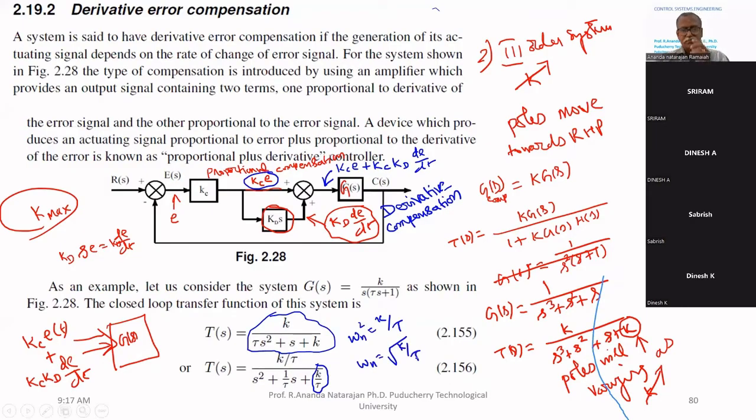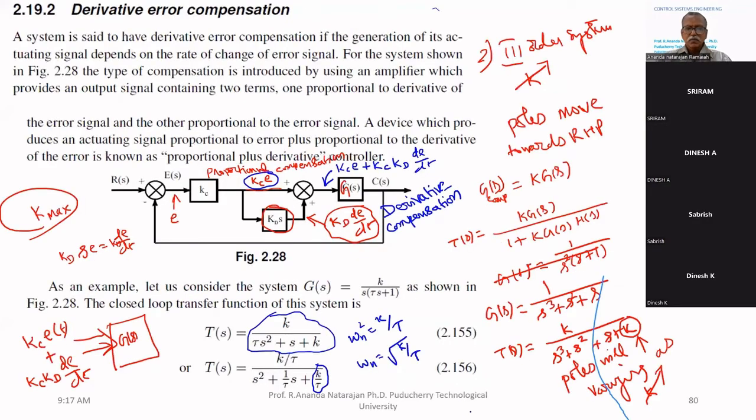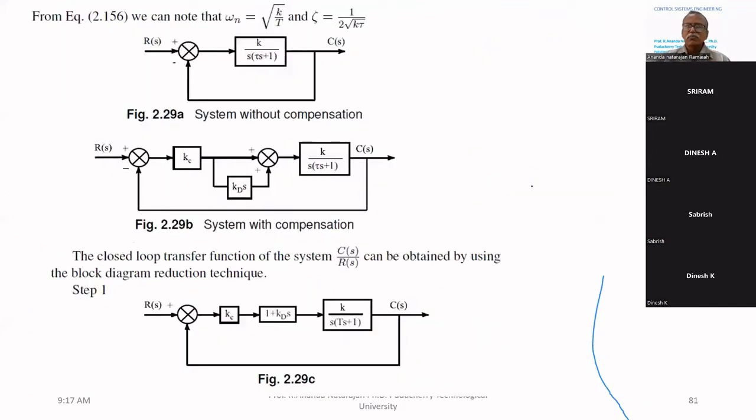That is the original system. G of s equal to K upon s times tau s plus 1.